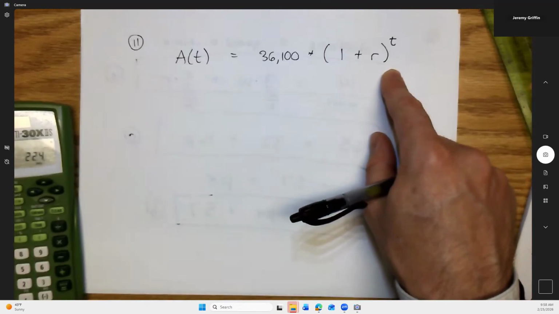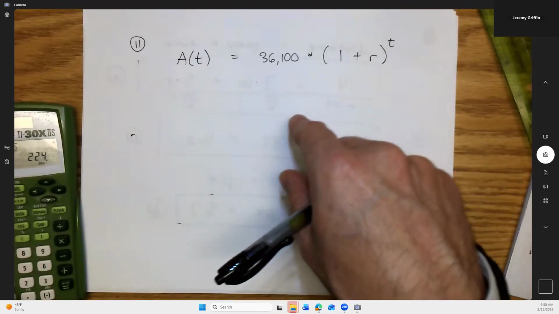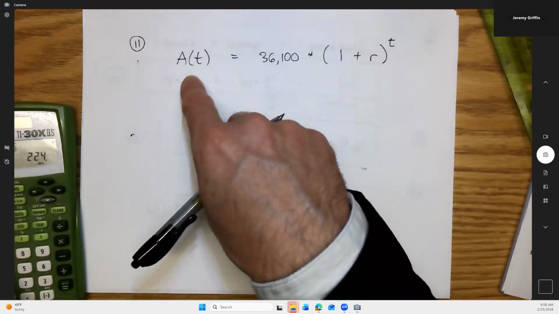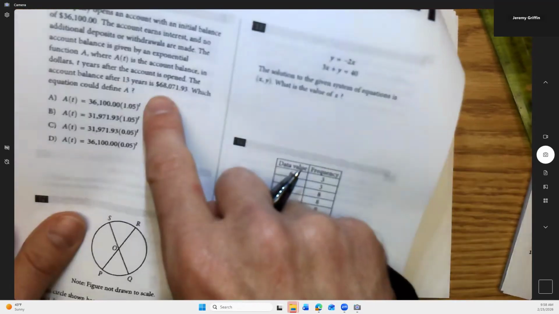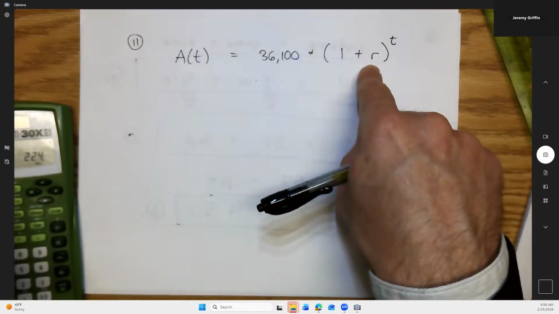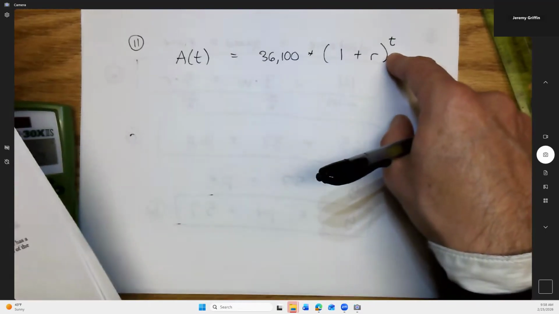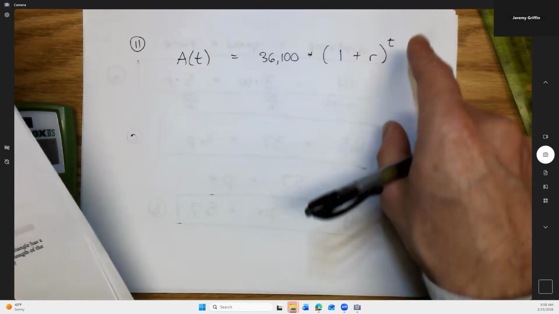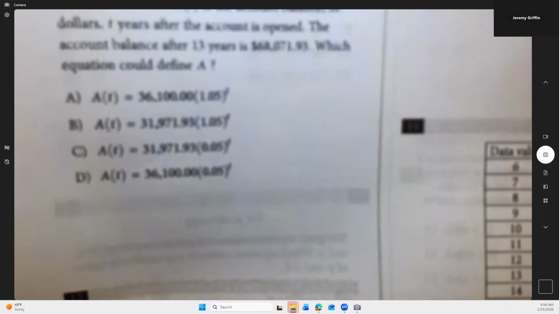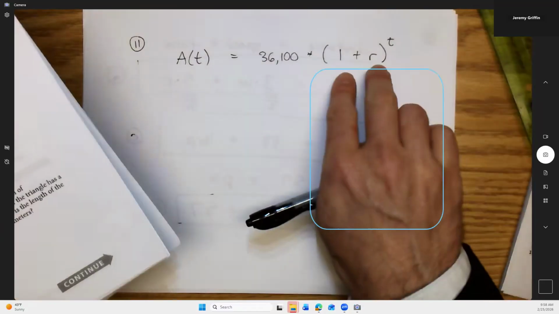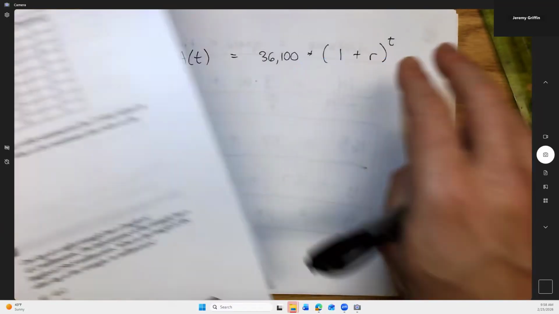Now, guys, especially if time was not a limitation, you could plug in A of T as the $68,000 number, and you could solve for R, with T being 13 years. But I think there's a faster way to do this if you play off the multiple choice answers. Hey guys, look at what's inside the parentheses. You guys see 1 plus R inside the parentheses? You guys see this? Yeah.